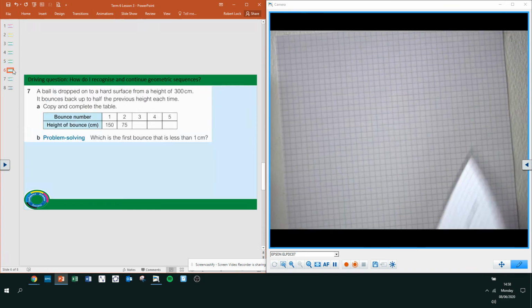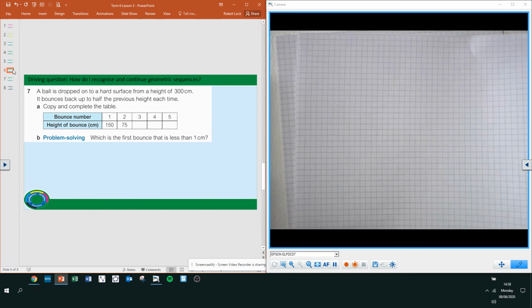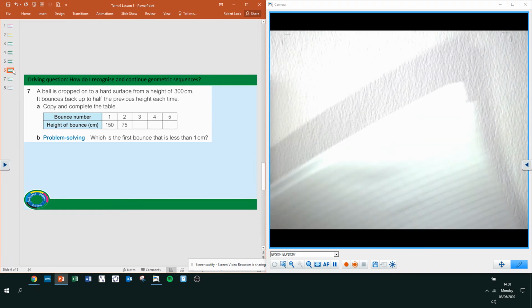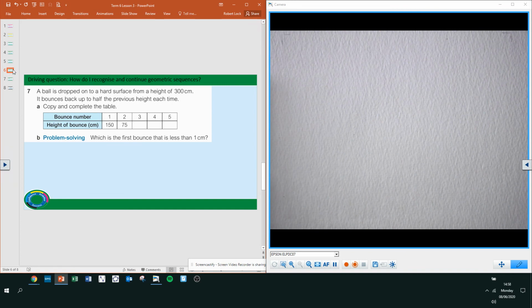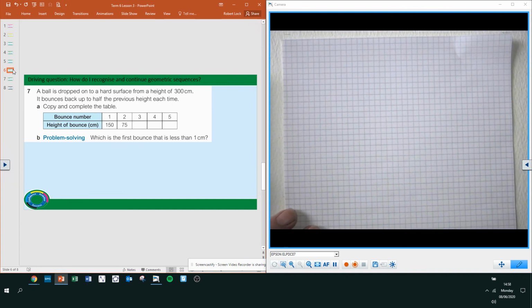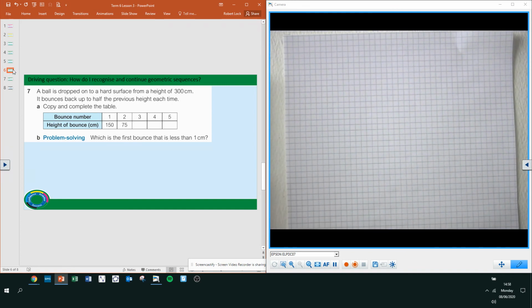And 6. A ball is dropped onto a hard surface from a height of 300 centimeters, 3 meters. It bounces back up half the previous height each time. Copy and complete the table.